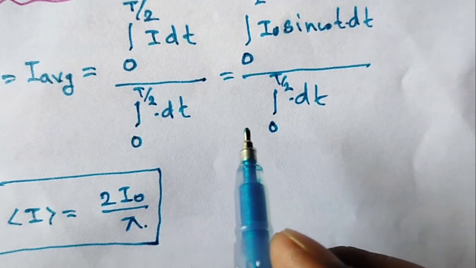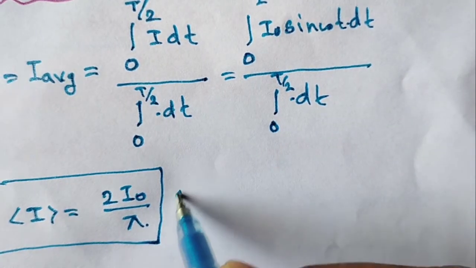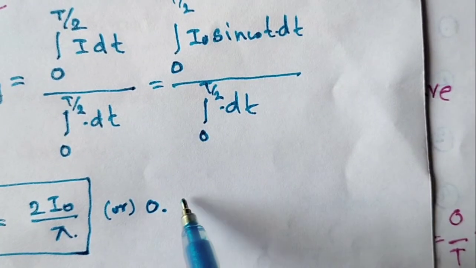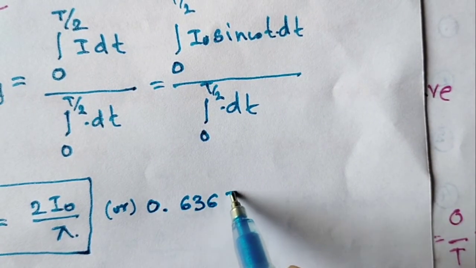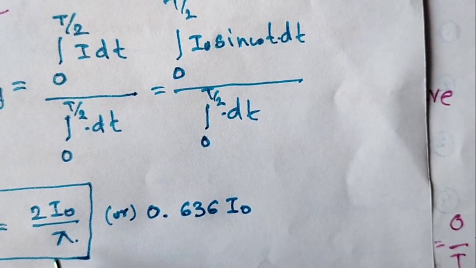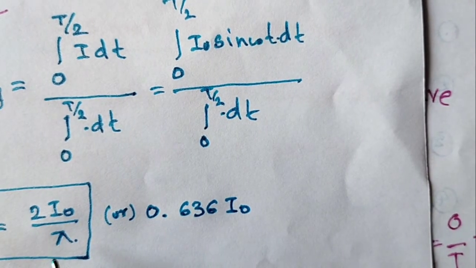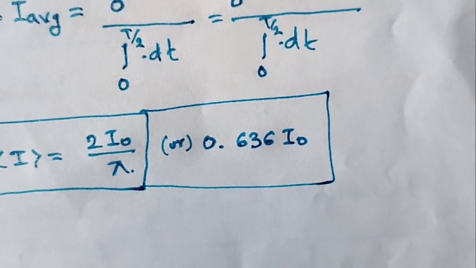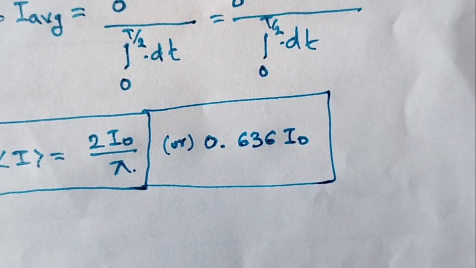So what is the value of 2 I naught by pi? It is 0.636 I naught, where pi is 3.14 or 22 by 7. You can substitute. So 0.636 I naught is the half cycle value.